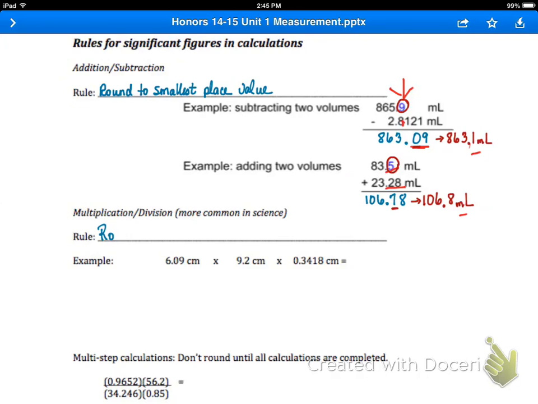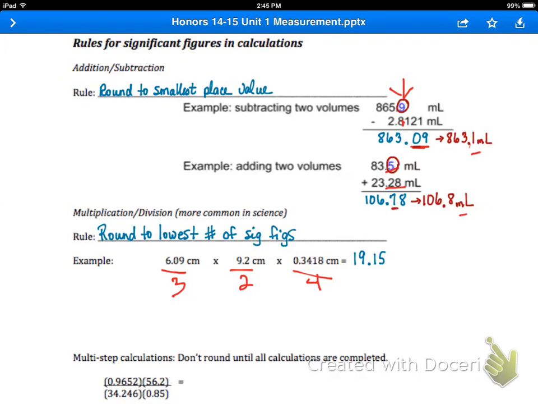In multiplication and division, which is much more common in what we do in chemistry, we want to round to the lowest number of significant figures. Okay? So if I multiply 6.09 times 9.2 times 0.3418, let's see. Here we have 3 sig figs. Here we have 2 sig figs. Here we have 4 sig figs.